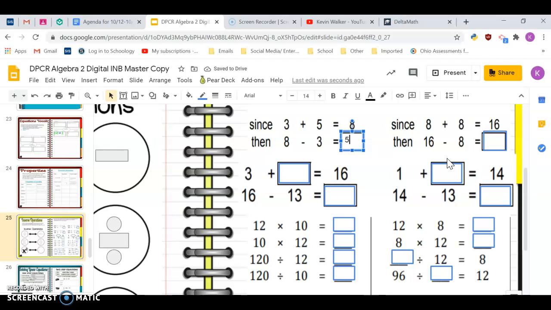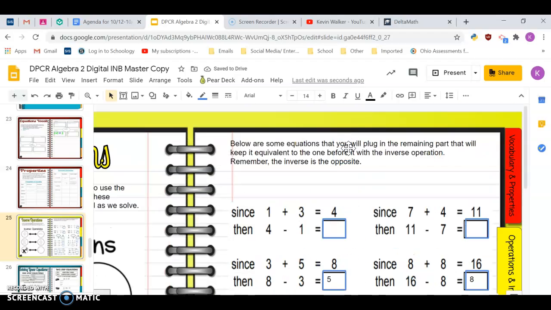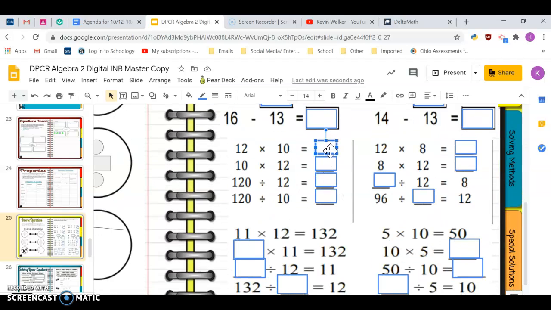This may seem real simple, and it is. We just have to make sure that we understand that. Since 8 plus 8 equals 16, we know that 16 minus 8 will equal 8. A lot of times when we solve equations, some of these things can be determined super easily.